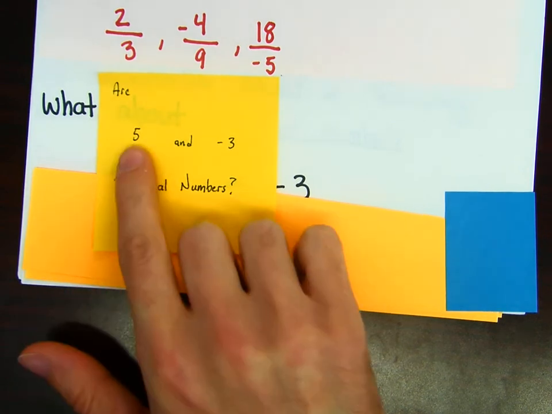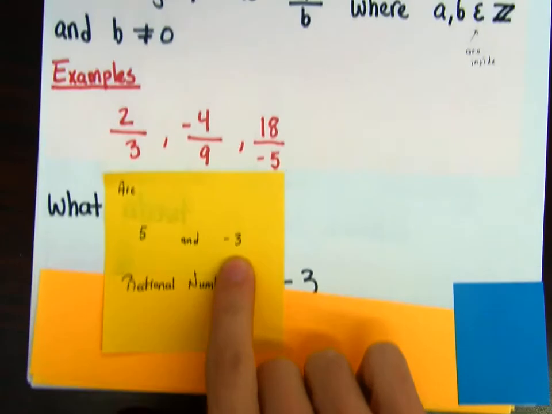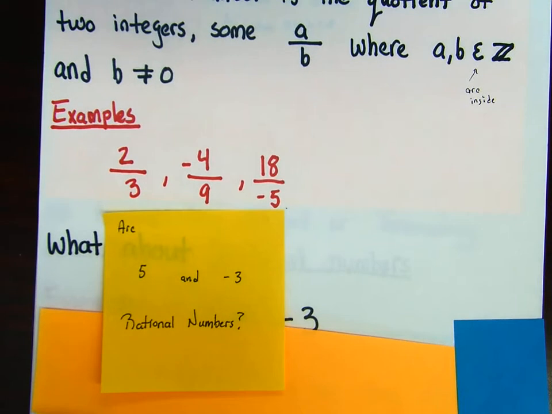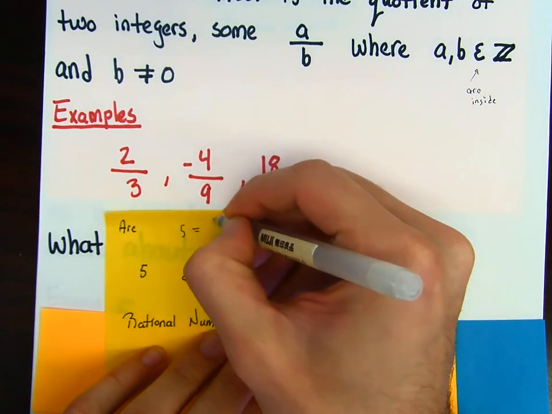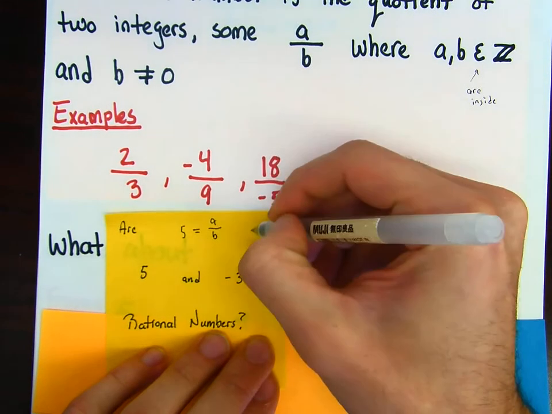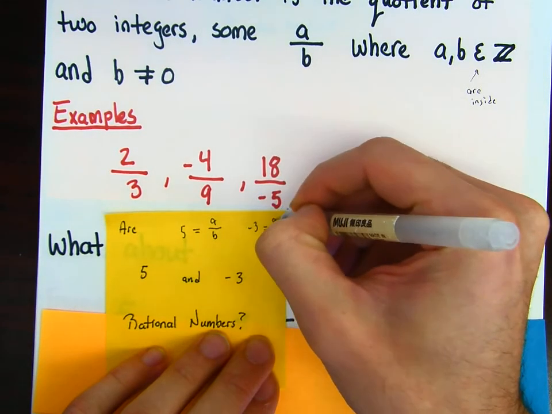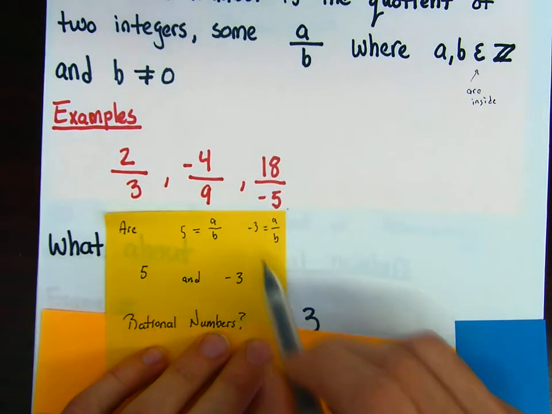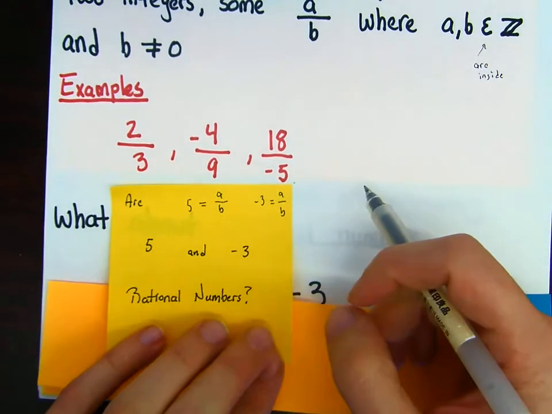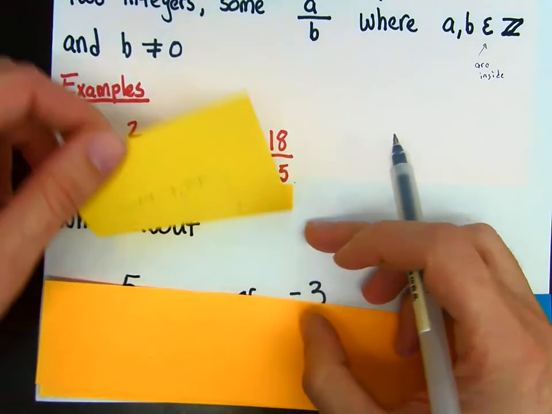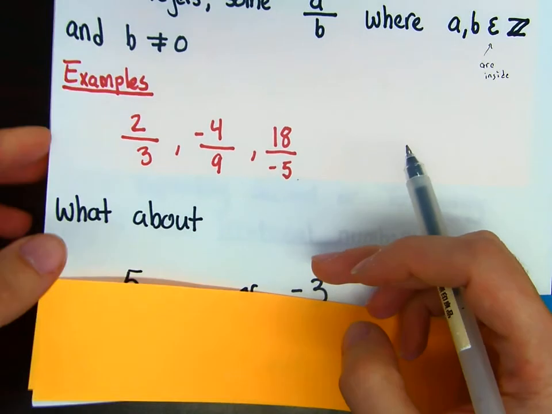If these two numbers were rational, then you could express 5 as some a over b, and you could also express -3 as some a over b, where a and b are integers. And can you do that? Okay, let's take a look.